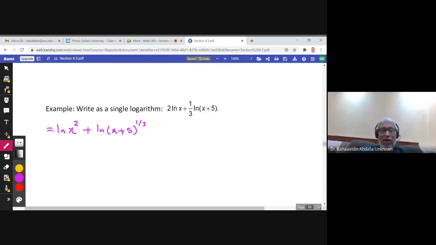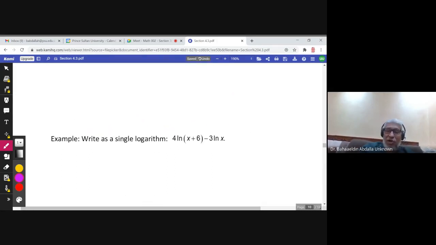Now you have ln plus ln, and the coefficient of each ln is 1. There is no number before ln. So now I can use the product rule and change these two ln's into one ln. I will have x squared times (x plus 5) to the power 1 over 3, all of this inside the ln. So this is writing as a single logarithm.